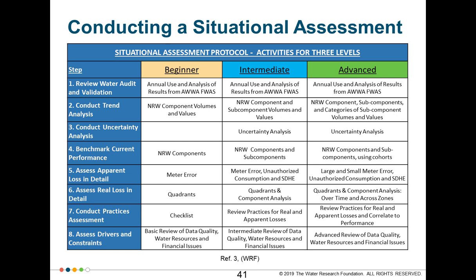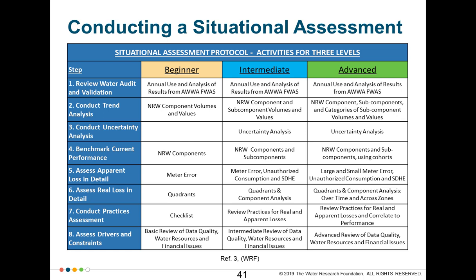In essence, this form of analysis enables a utility to gauge the potential benefit of implementing one or more types of intervention by plotting the infrastructure leakage index against a pressure management index, which Alan will describe later in the webcast. The intermediate and advanced utilities will also perform a leakage component analysis, or LCA, at the entire system level to ground truth the results of the top-down water loss audit.